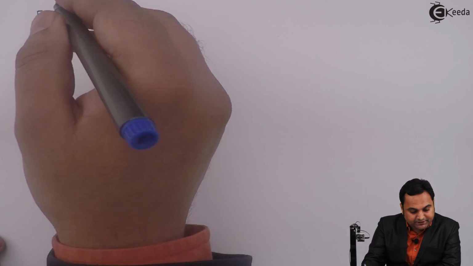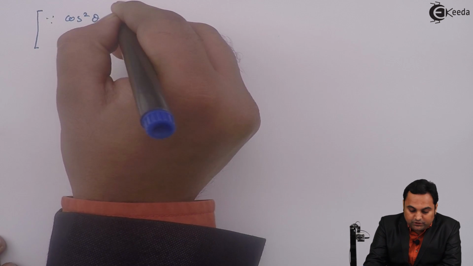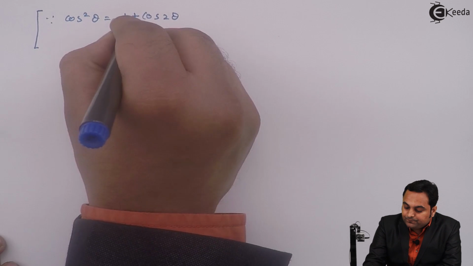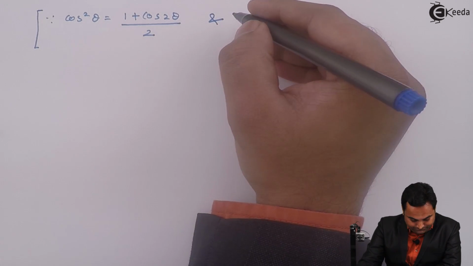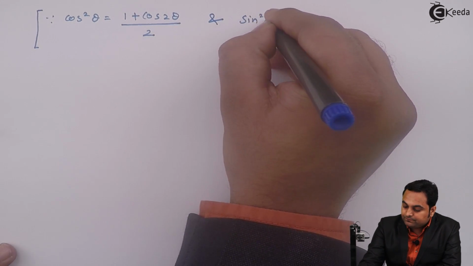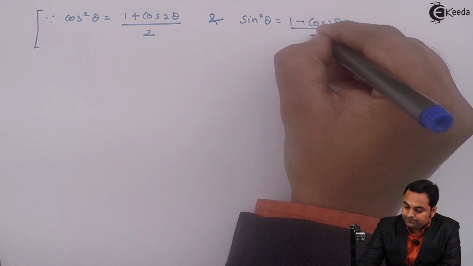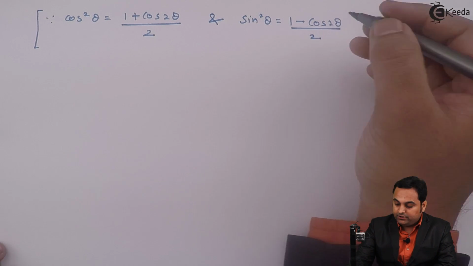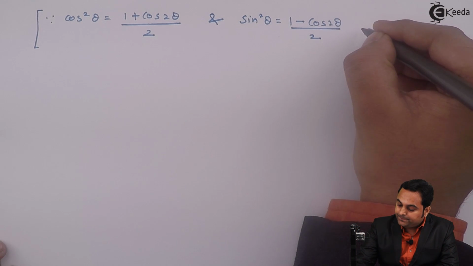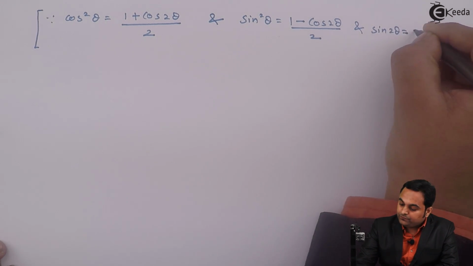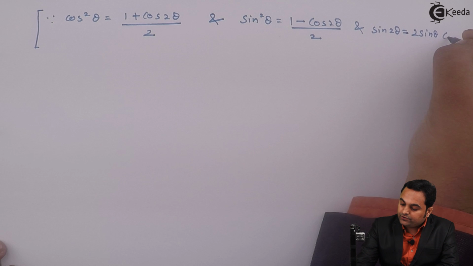I will write that into the bracket, since cos square theta is equal to (1 plus cos 2 theta) by 2 and sin square theta is equal to (1 minus cos 2 theta) by 2, and here sin 2 theta also, sin 2 theta is equal to 2 sin theta cos theta.